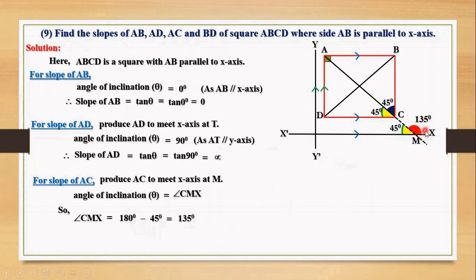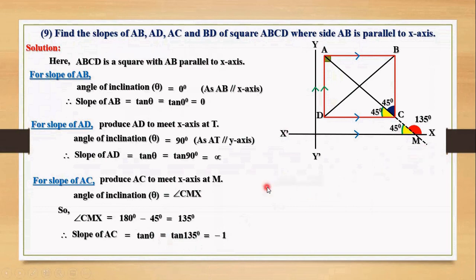Once we get the angle of inclination for AC, we can calculate the slope. So slope of AC is tan theta. Substituting theta as 135 degree, we have tan 135 degree whose value is minus 1. So slope of AC is minus 1.